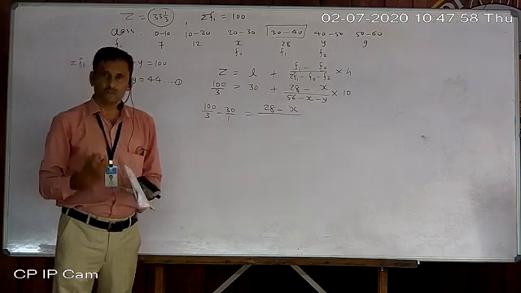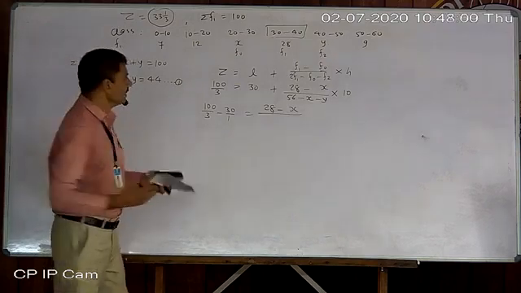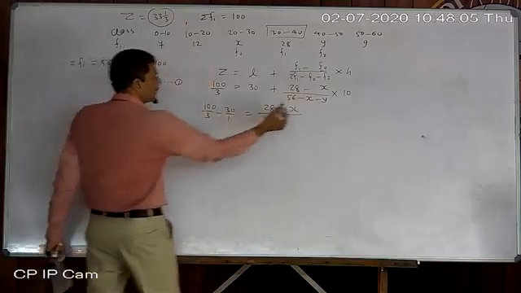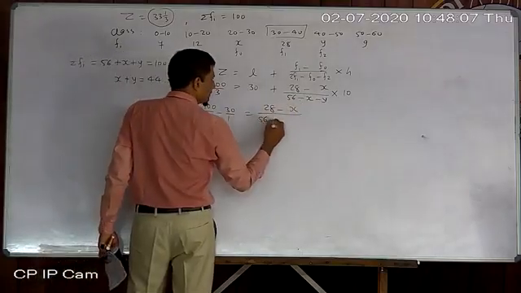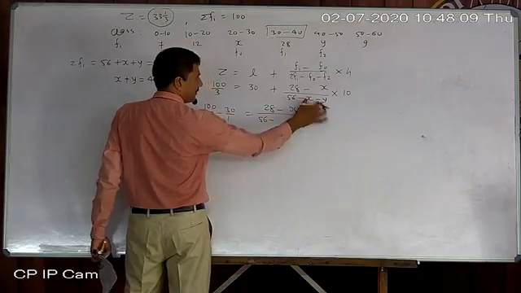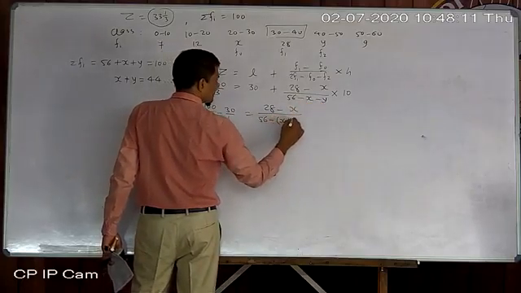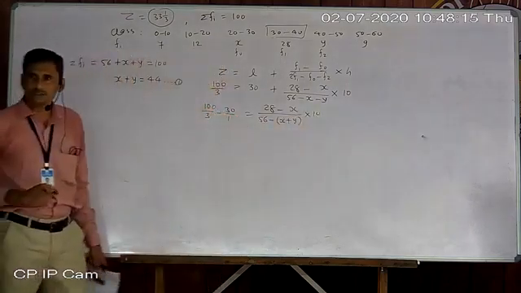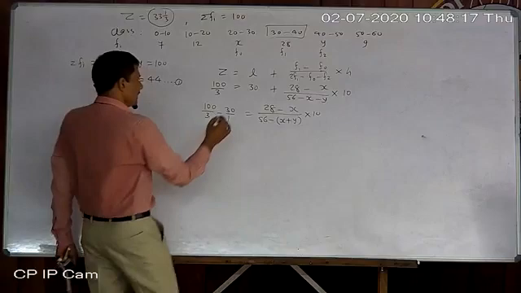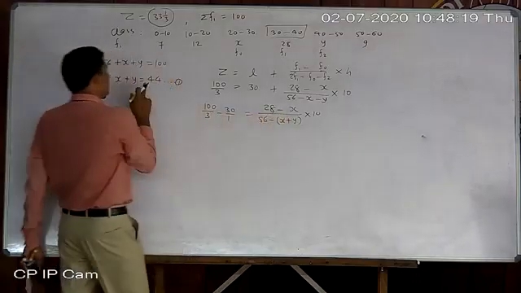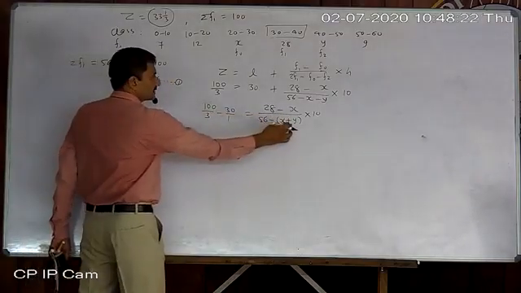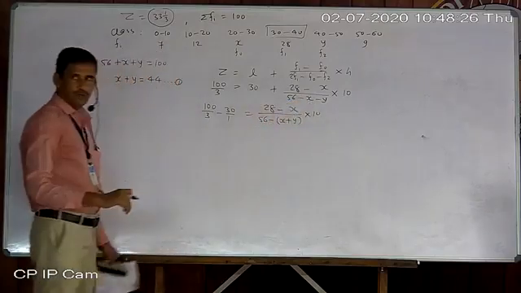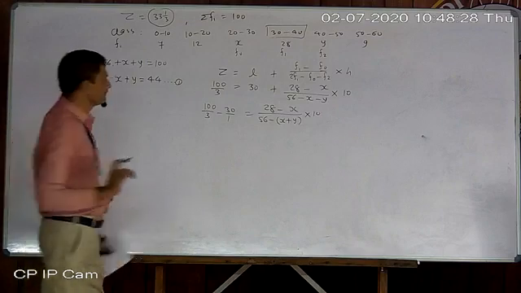So we have to do something so that we can remove any one variable. Now if you take minus common from last two terms of denominator, then it will become x plus y inside the bracket.